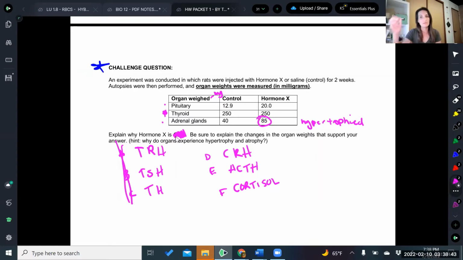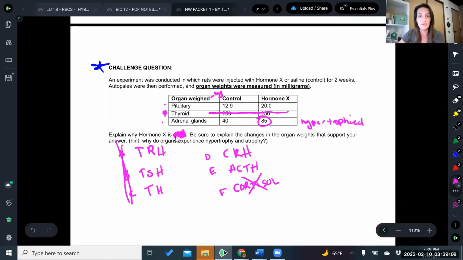If we see hypertrophy instead, that means that we're not replacing that given hormone, but we are triggering that gland. So this can't be cortisol that's being injected because we're not getting atrophy of the adrenal glands. Then we look to the pituitary, because we don't have to look at the thyroid.